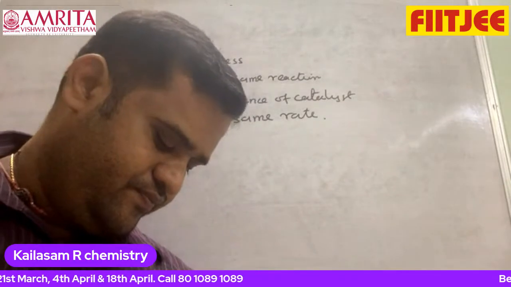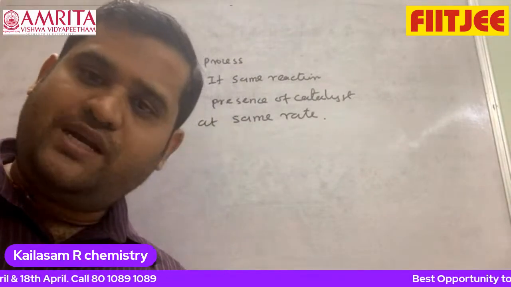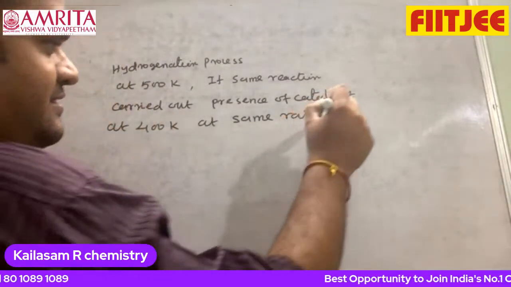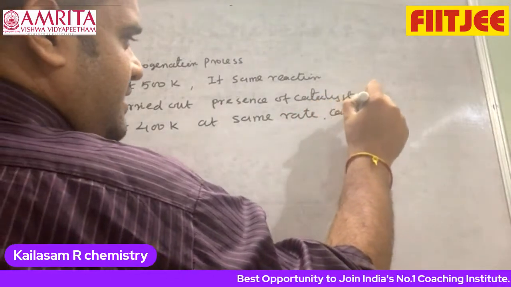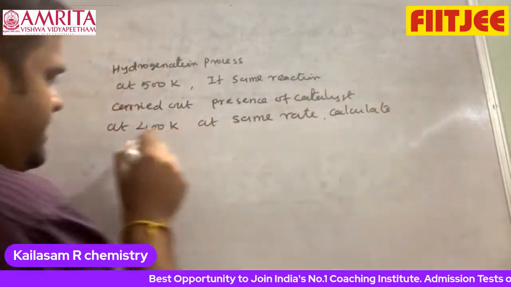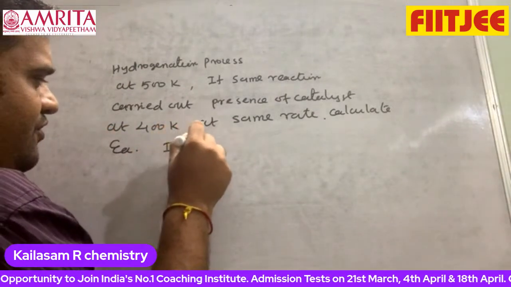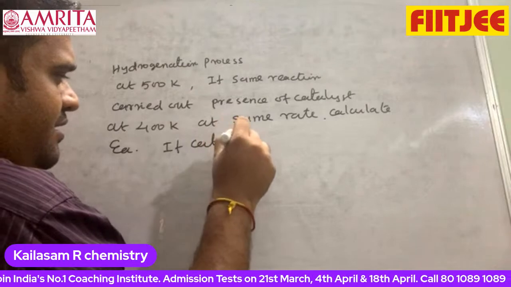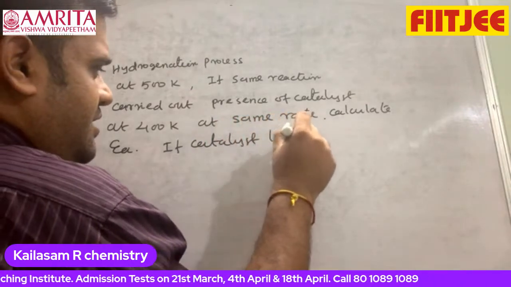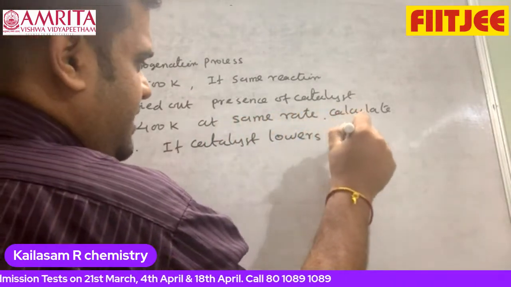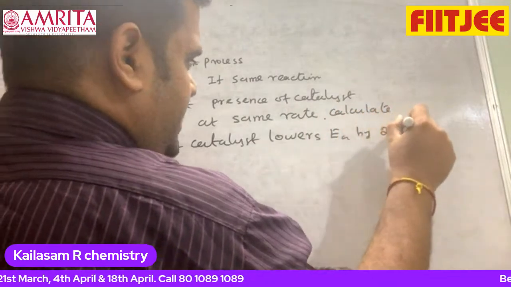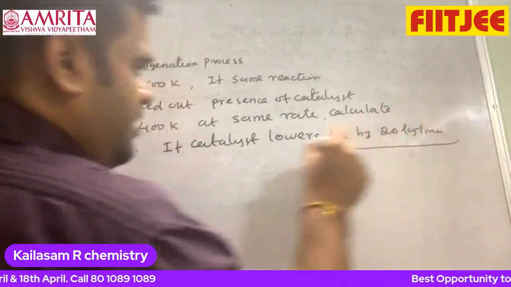They're asking to calculate the energy of activation, EA, if the catalyst lowers EA by 20 kilojoule per mole. That is the question.